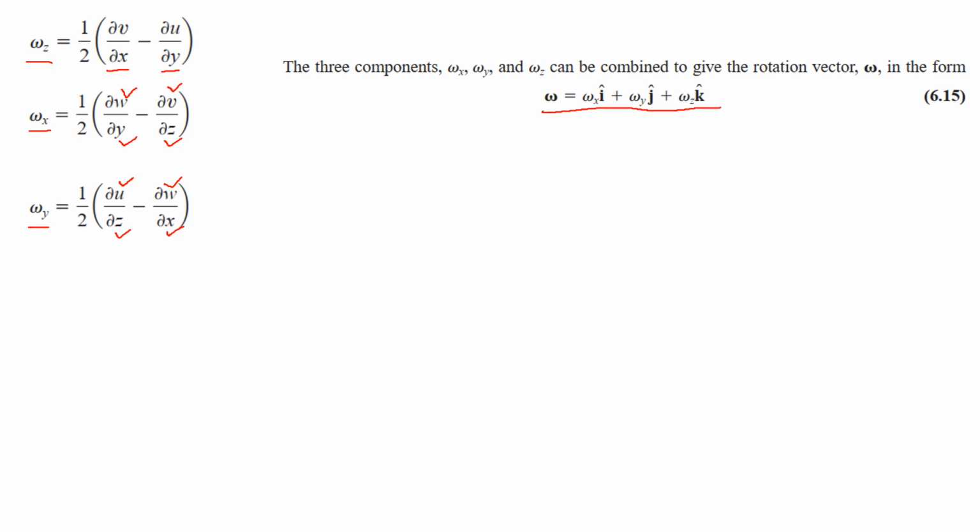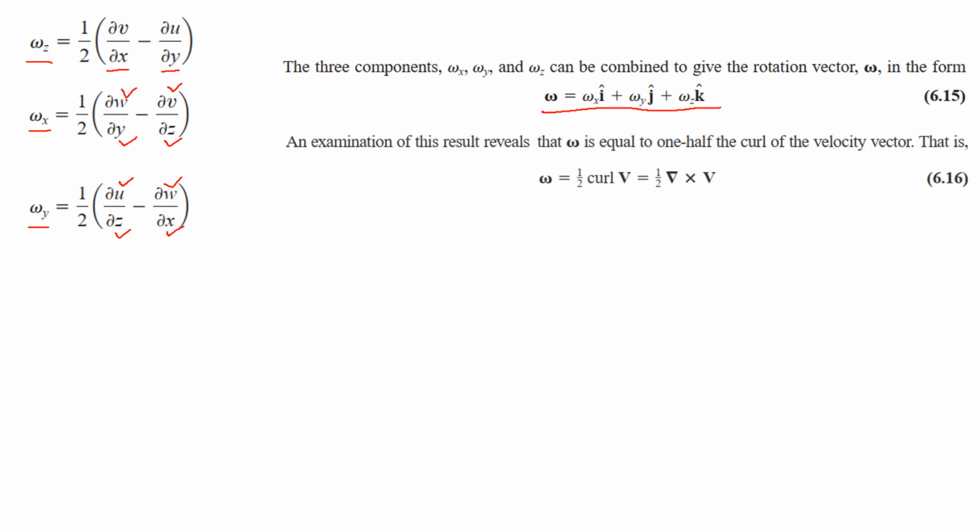We can also write it in a more generalized way by taking the 1 over 2 term out and writing omega equal to curl, where the curl is for the del operator here, because this curl will represent the cross differential, that we have all these differential terms.